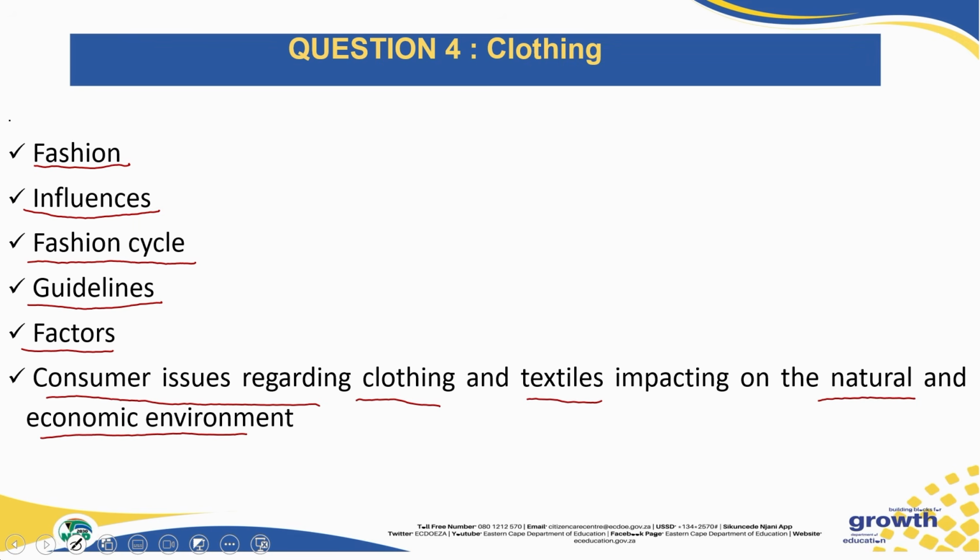So basically, grade 12s, this is what you need to know in this section. You will be required to differentiate the terms, to explain the terms, to define the terms, and also to evaluate the outfit, the suitability of the outfit for a professional work.